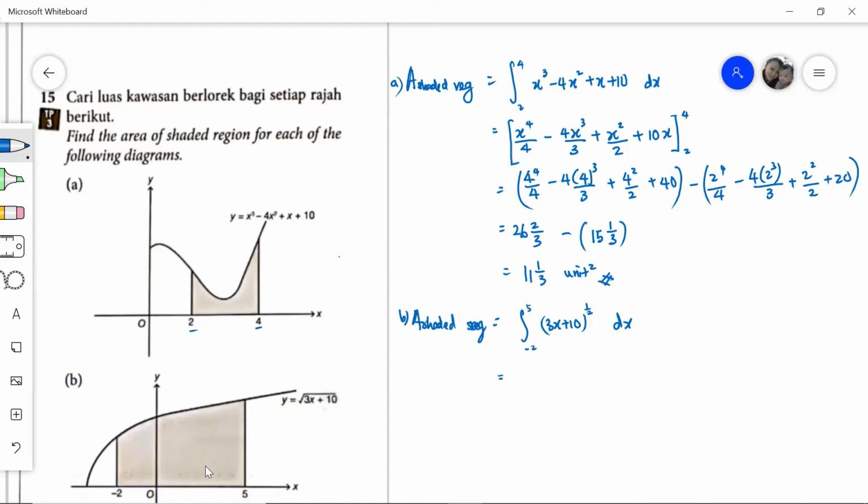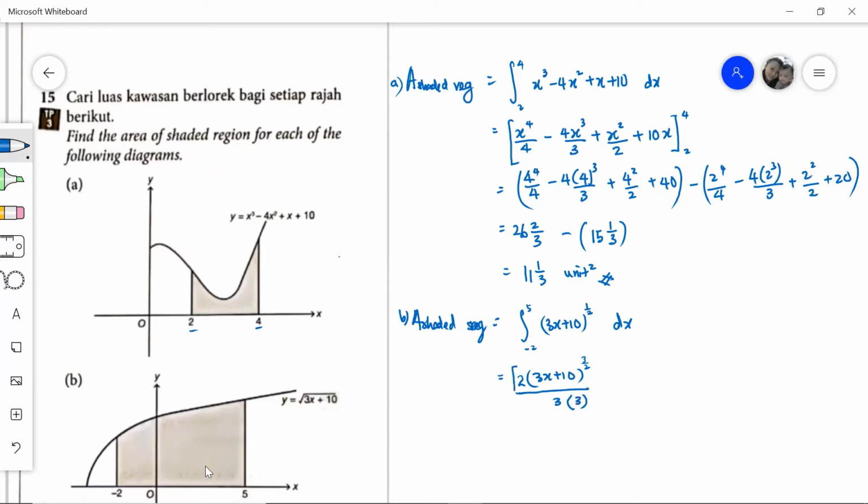Let's integrate that. We have the linear expression 3x plus 10. We increase the power by 1, that is 3 over 2, divided by the new power, 3 over 2. The denominator of the denominator will become the numerator. Continue to divide by the coefficient of x, that is 3 here.